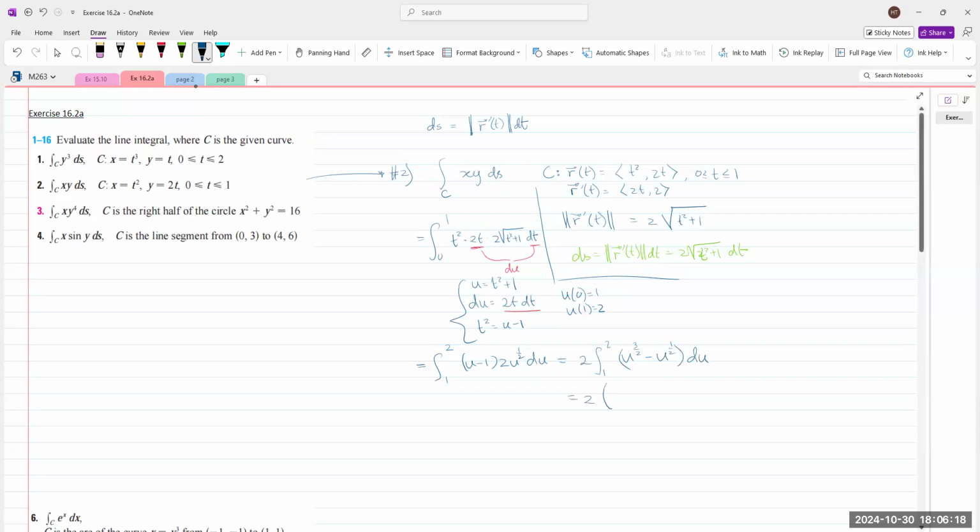Okay, that's 2 times 2/5 u to the 5 halves minus 2/3, not 3 halves, 2/3 of u to the power of 3 halves, from 1 to 2. That's 2 times 2/5 times 4 radical 2 minus 2/3 times 2 radical 2 minus 2/5 minus 2/3.